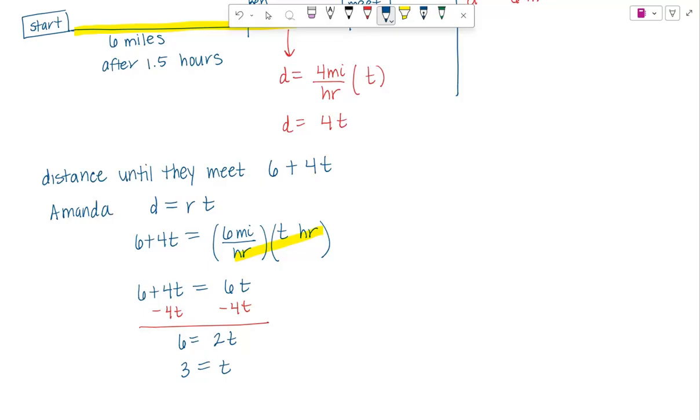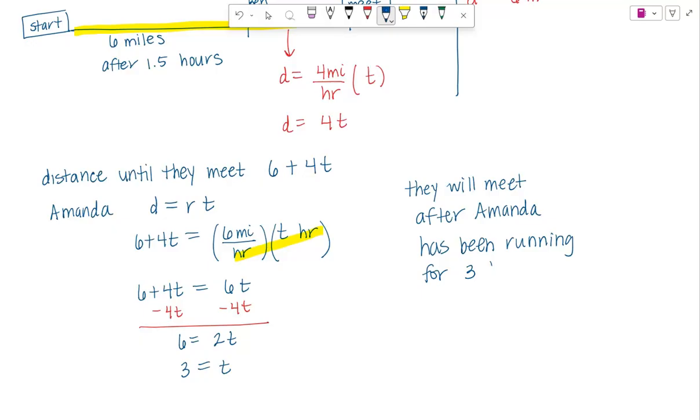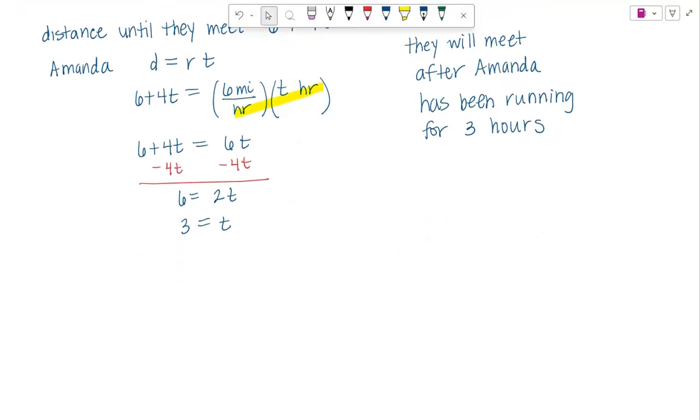So this makes it seem as though they are going to meet after Amanda has been running for 3 hours. Let's check our answer.